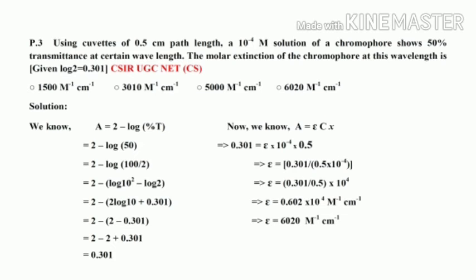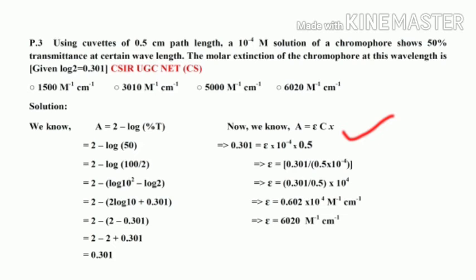So just like the previous one, in this problem also we will use the relationship A is equal to 2 minus log of percentage T to determine the value of the absorbance A, and since the value of percentage transmittance is 50%, we can calculate A is equal to 0.301. Okay.